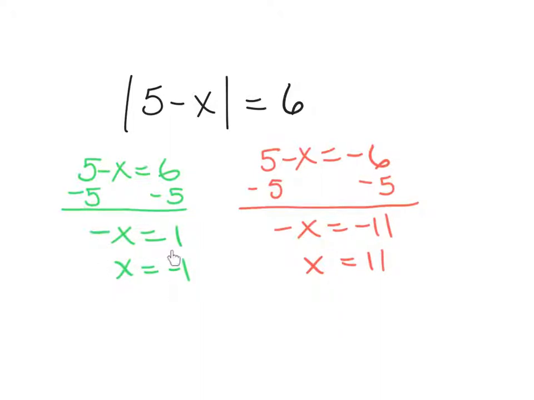And so 1 divided by -1 is -1, so x is equal to -1. Over here, subtract 5 on each side, bring down what you have, which is -x is equal to -11. Divide through by -1, and you get x is equal to 11. So that's how you do that type of problem. Hopefully you got that one correct. Plug it back in to make sure it works.